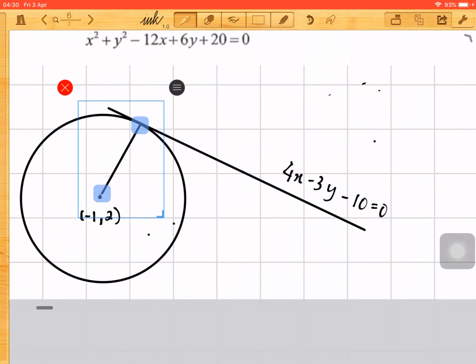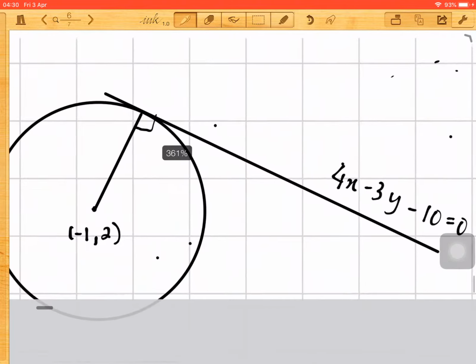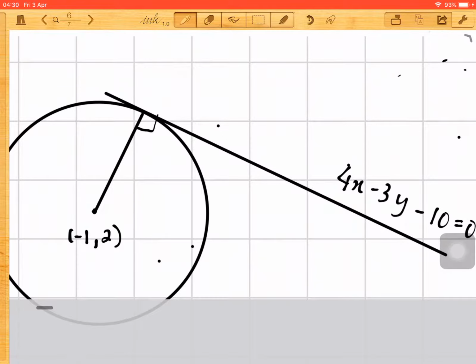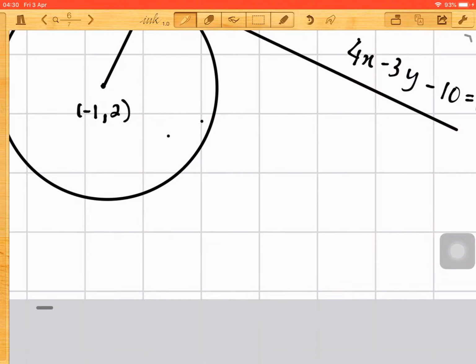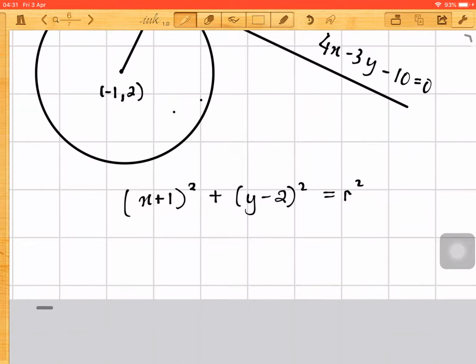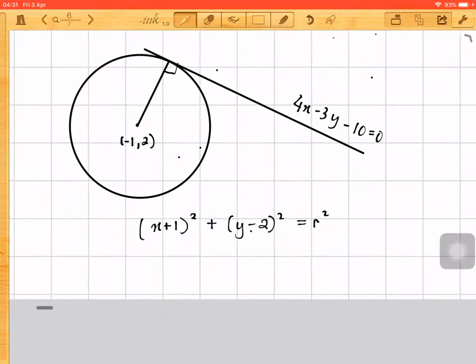Since this is a tangent, there will be 90 degrees, and the equation of the circle is gonna look like this: x minus -1, so x + 1 squared plus y minus 2 squared equals to r squared. So how do we find the radius right now? Actually, radius is the shortest distance here.